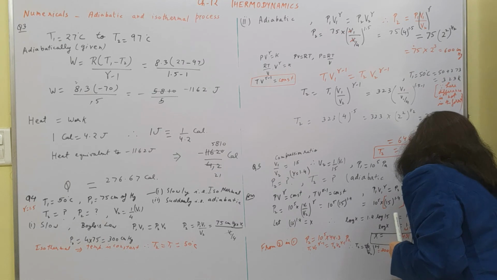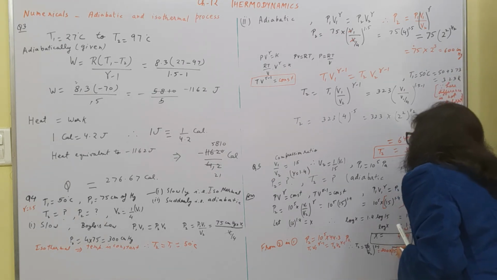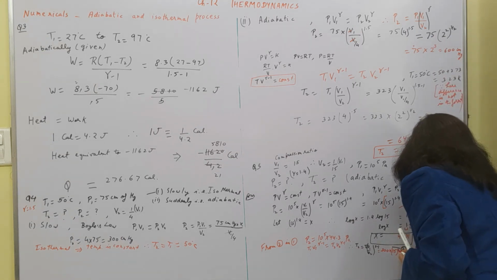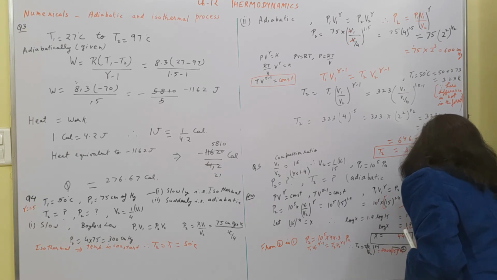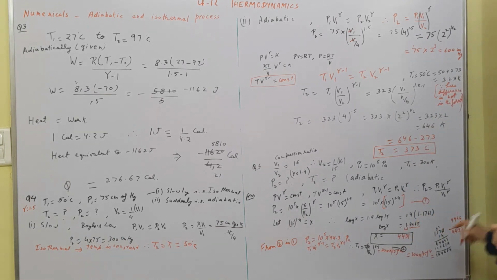So 15 to the power gamma minus 1, that is 1.4 minus 1. So this will be 300 into 15 to the power 0.4.